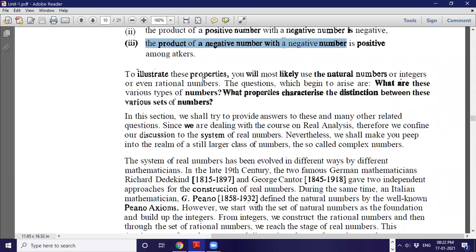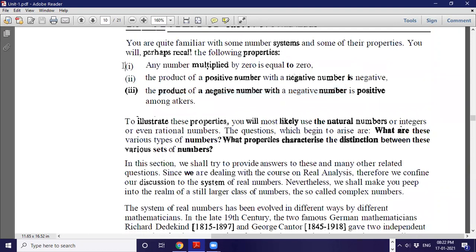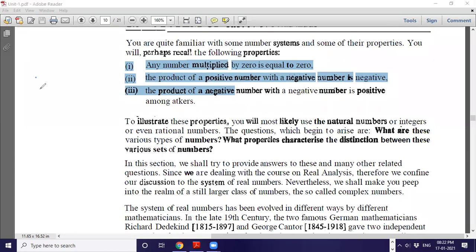Now, these properties, if you want to prove, you go through examples, like say 2 into 0 is equal to 0, 2 into -1 is equal to -2, right?